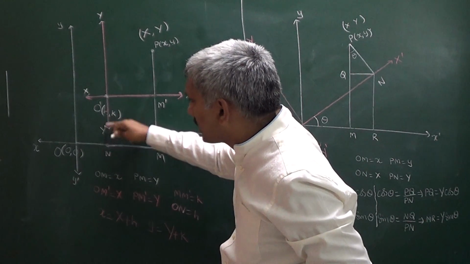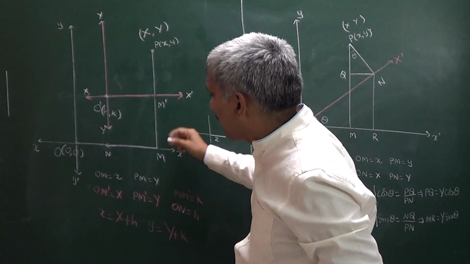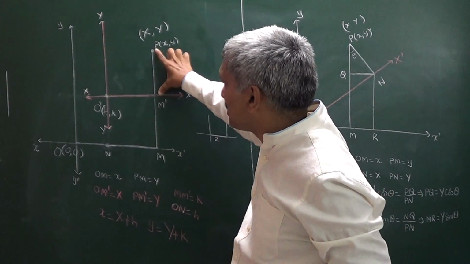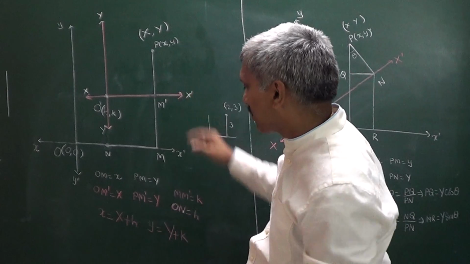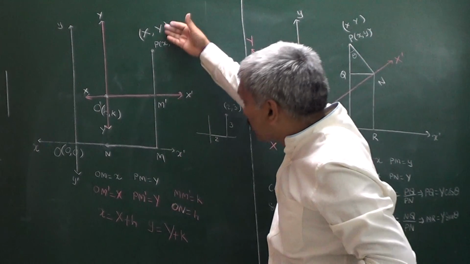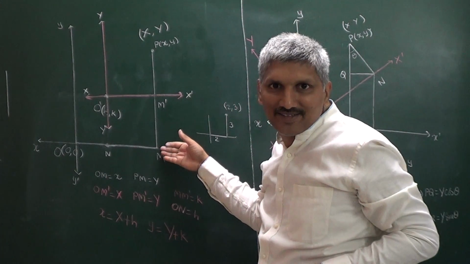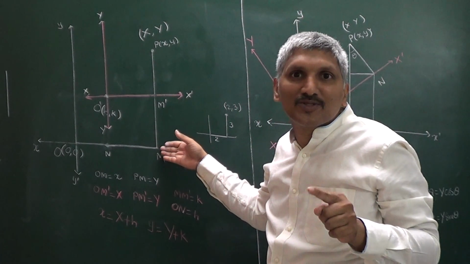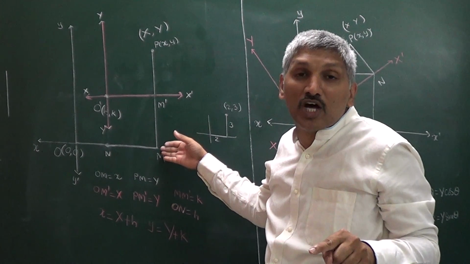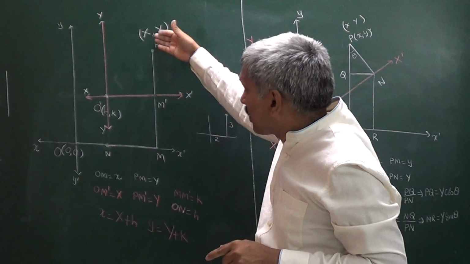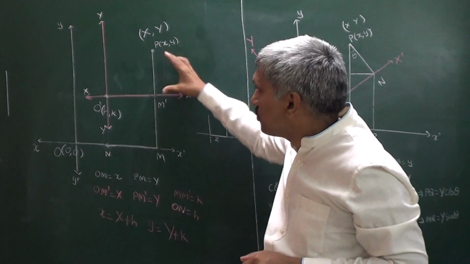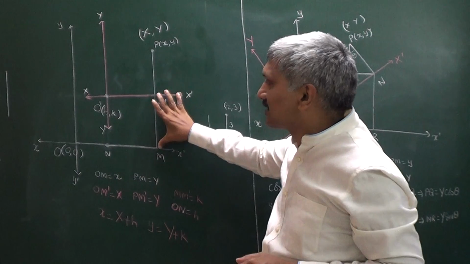This height is the same as M dash M. That means this is k, this is capital Y. That's why small y is this total length, because small x and small y are the coordinates of the same point with respect to the original axis. So this total height small y is equal to capital Y plus k.